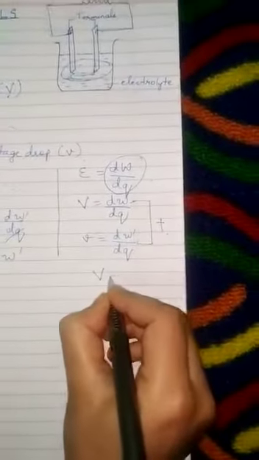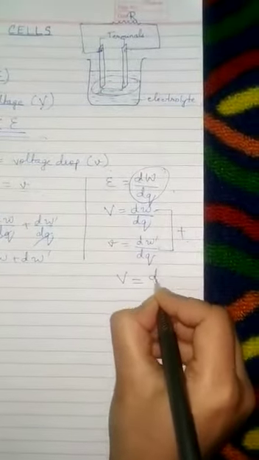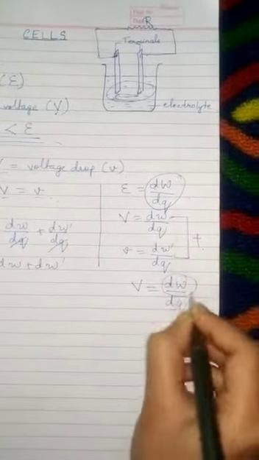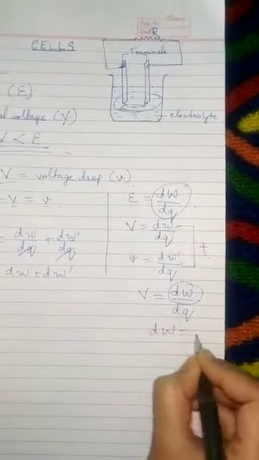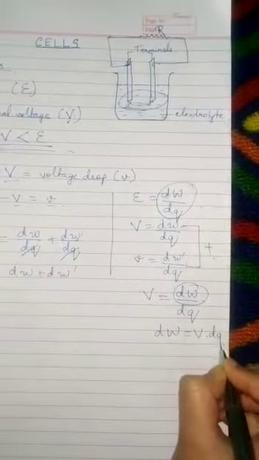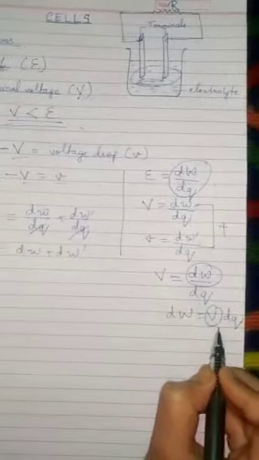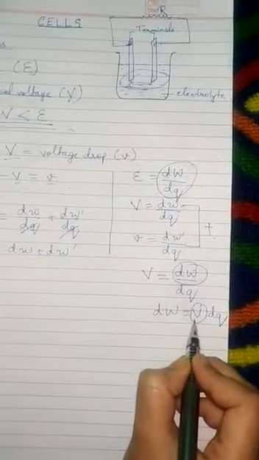Now you know potential is equal to work done per unit charge. So what is work done equal to? It is equal to V into dq. Now this V will be replaced as per the respective terms, that is EMF, terminal voltage and voltage drop.